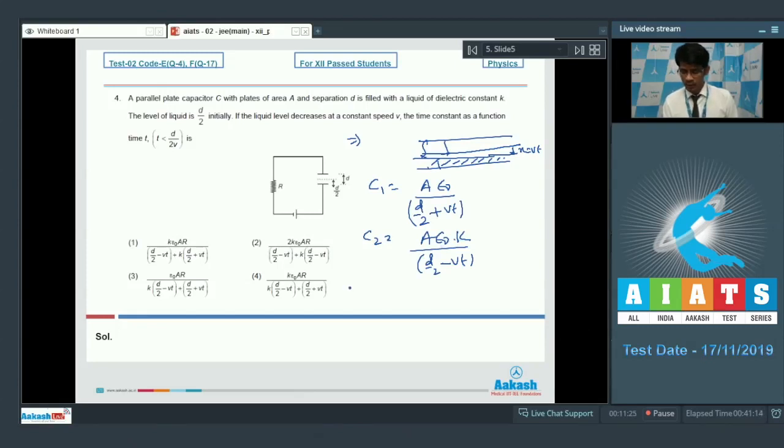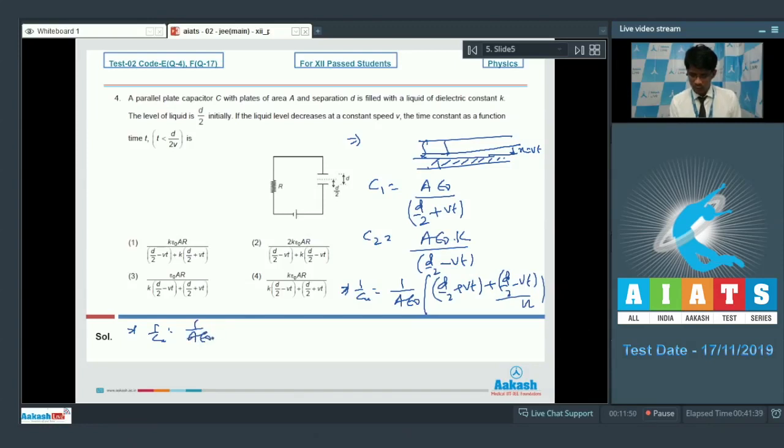Now the effective capacitance of this whole system, 1 by C equivalent, would be taken as 1 by A epsilon naught, reciprocal of these two portions, it would be D by 2 plus Vt, and plus D by 2 minus Vt divided by K. Or I would say 1 by C equivalent would be 1 by A epsilon naught K into D by 2 plus Vt into K plus D by 2 minus Vt.